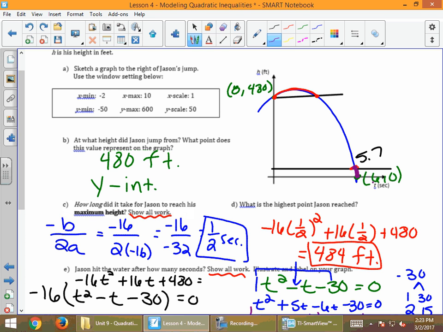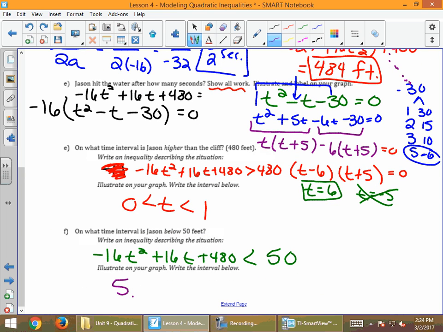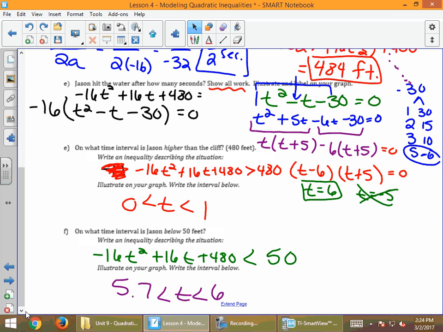If you just said t is less than 5.7, that means any value less than 5.7 will work. Well, if we looked at greater than 5.7, that graph would be below our x-axis, way down here. Then we're dealing with negative distance. We can't have that. So we have to put more constraints on this. So we would say from 5.7 seconds to 6 seconds, it's below 50.